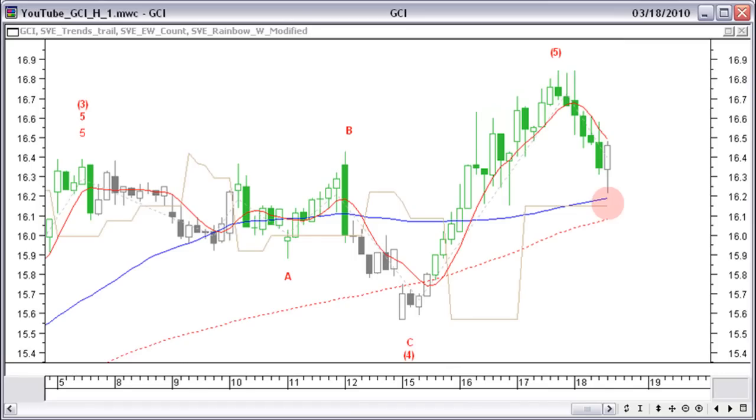About 4 hours later, price is nearly touching the 50 hours average, the trend's trailing stop, and close to the 100 hours average. Clearly, you would expect some up reaction here.